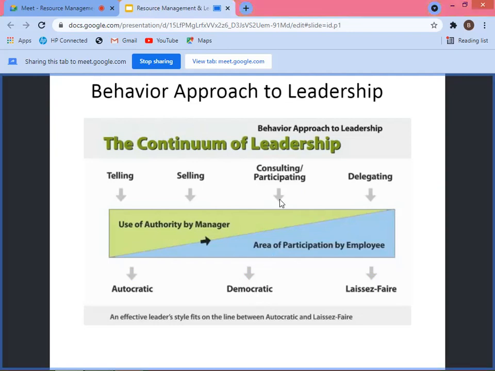We'll attend meetings now, be part of the decision making, the roundtable discussion, brainstorming, analysis and problem solving. So it becomes more democratic, and the employee's area of participation becomes greater.